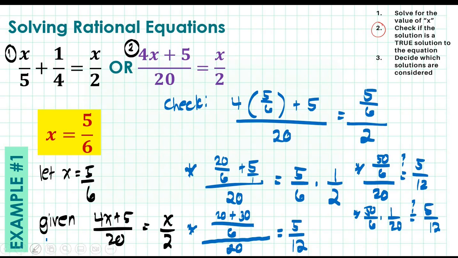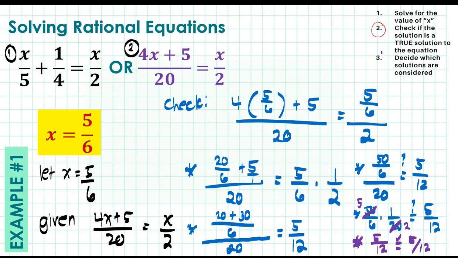We can further simplify the left-hand side by reducing the 5 and 2, and that will give us a product of 5 over 12, which is equal to the right-hand side of the equation, which is also 5 over 12.